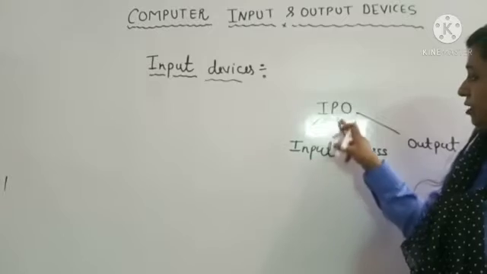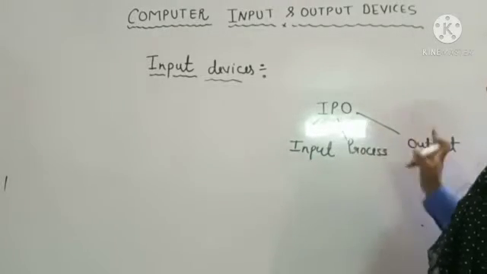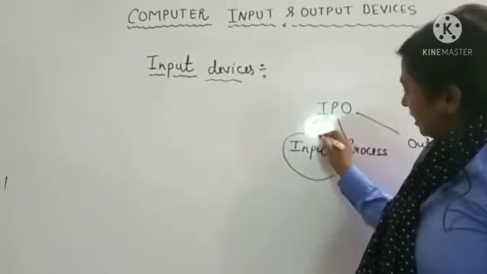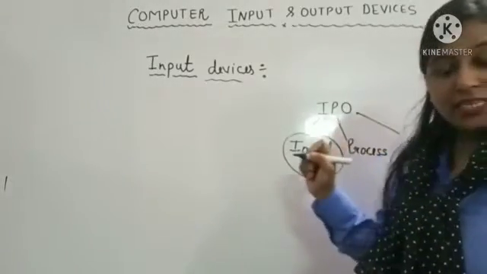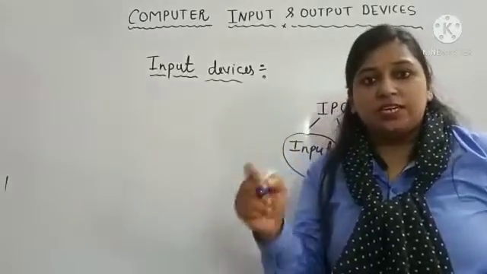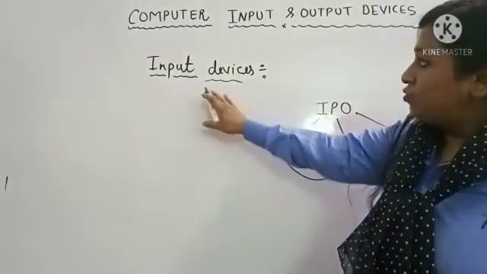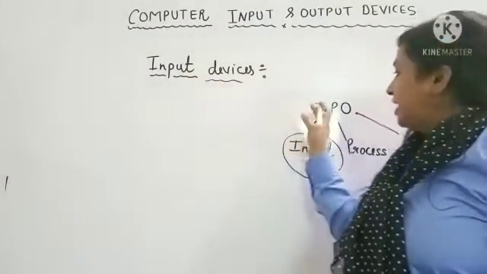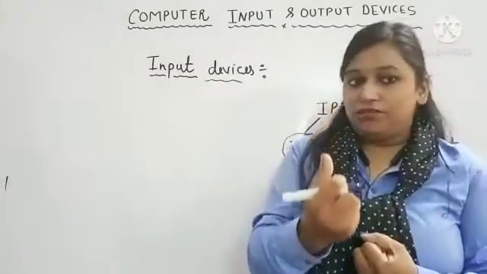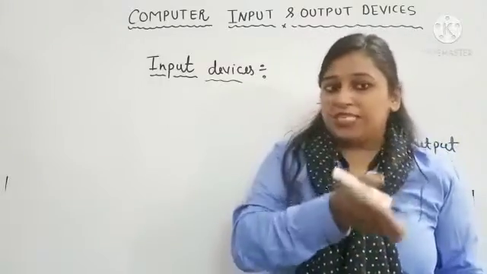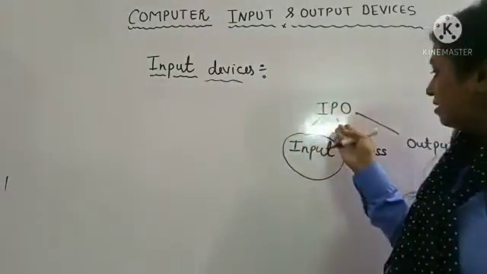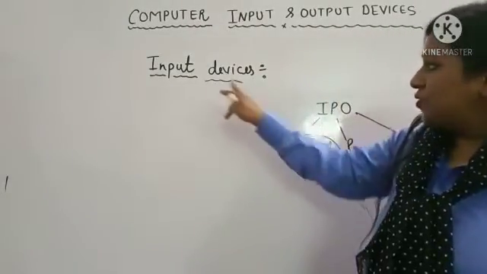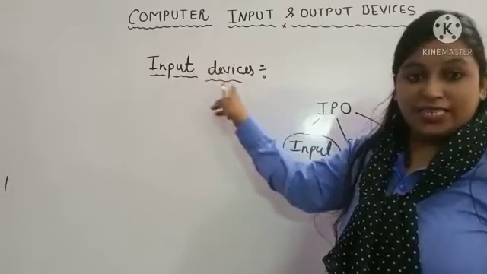I for input, P for process, and O for output. So if you want to enter any data or any instruction into the computer, then we require input devices, right? And then the computer takes input from us, processes it, and converts it into meaningful information. So this is about the input devices.